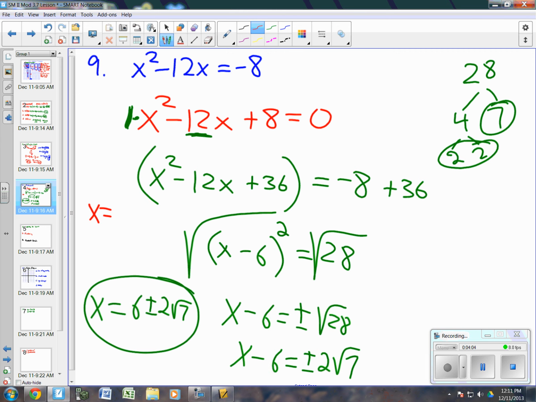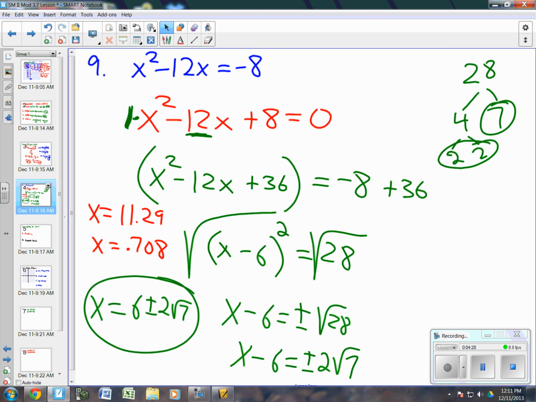That can't be right because... oh wait, no, yeah, that could be right. 11 point 29. And go 6 minus 2 root 7. 0.708. So there's your two answers as irrational numbers.